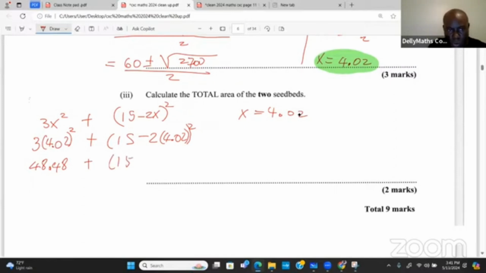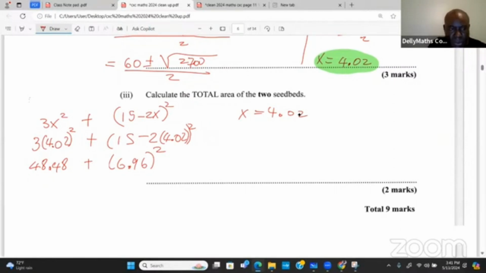If you want to work one more step, you could work out what is inside the parentheses there. So 4.02 times 2. When you work out this, you're actually going to get 6.96 right here. This is actually 6.96 if you square it. So let us square 6.96.